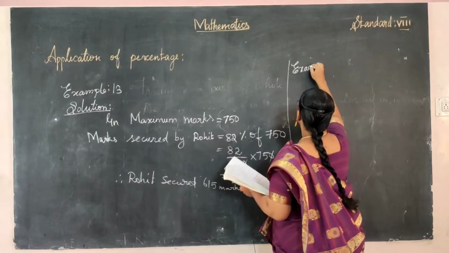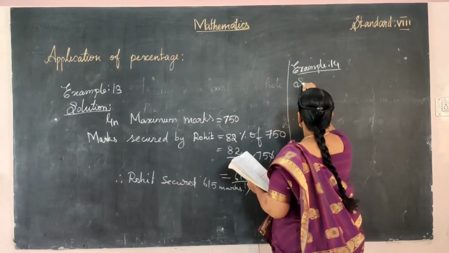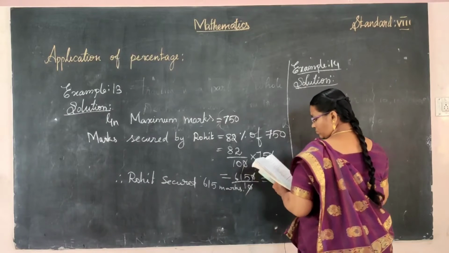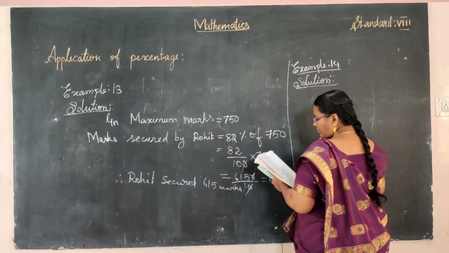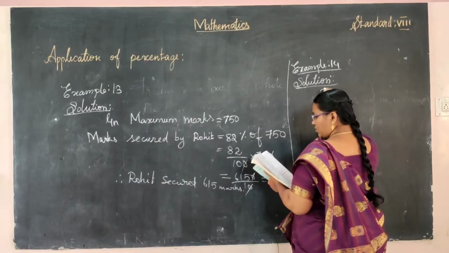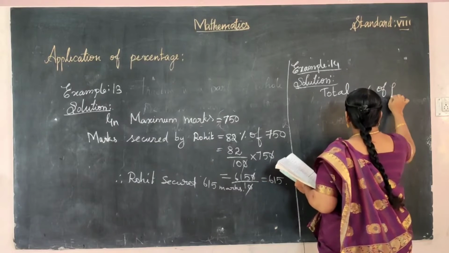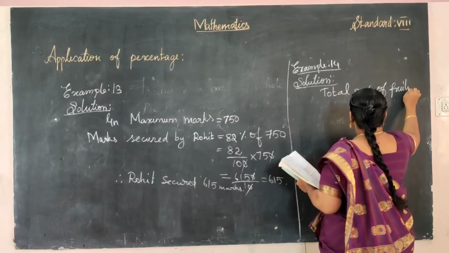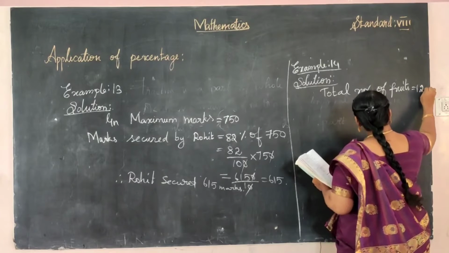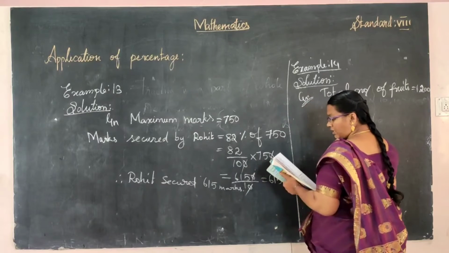Example. The total number of fruits is given. How many fruits? 1200 fruits. And then what data are given?